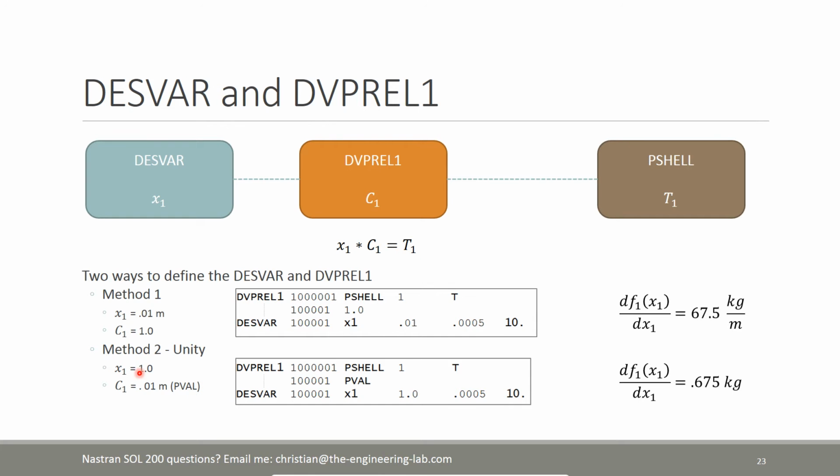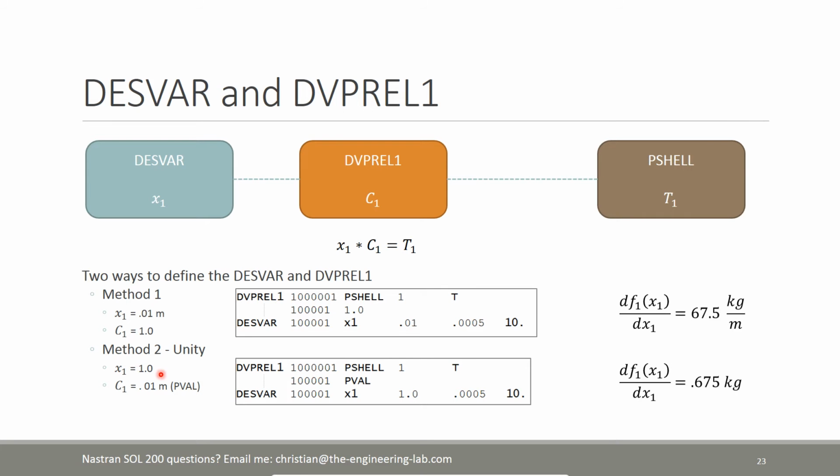Now let's flip the assignment. Instead of x1 being equal to 0.01, and instead of c1 equal to 1.0, let's flip these values. Let's now make x1 equal to 1.0, and let's make c1 equal to 0.01. If you still plug in these two values into this expression, you still get the parameter for the thickness.